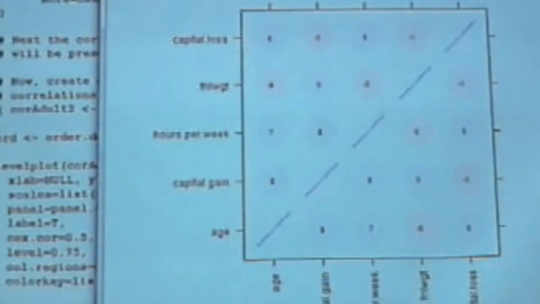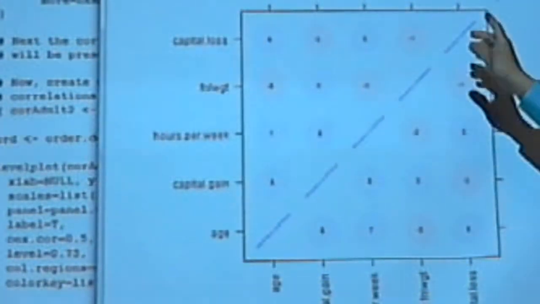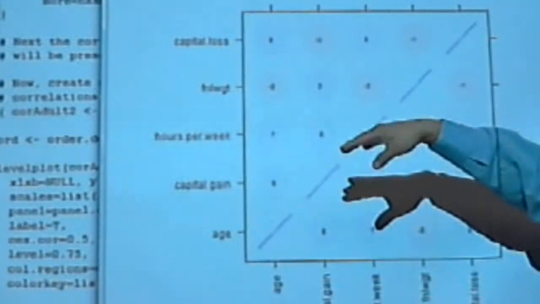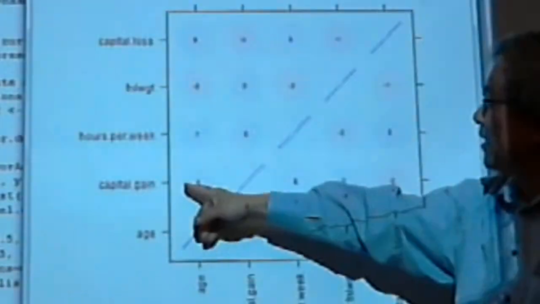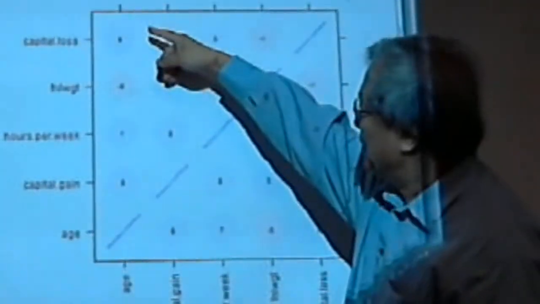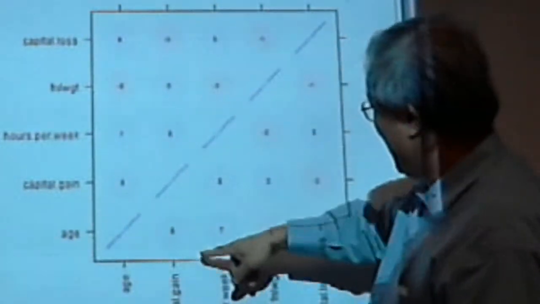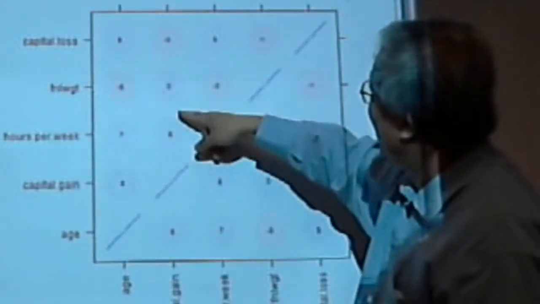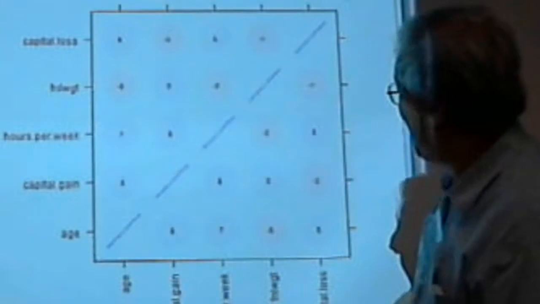Okay, so here this is the parallelogram of this. All these variables are... maybe there's a correlation between capital gain and capital loss? Probably not. There's a capital gain here and a capital loss. It's probably not real, right?